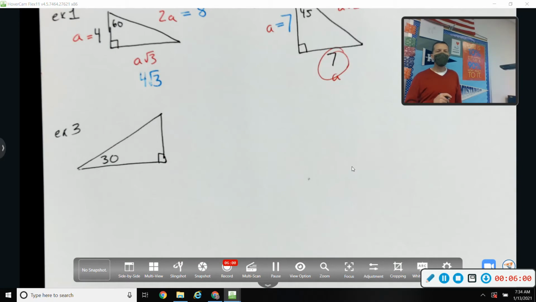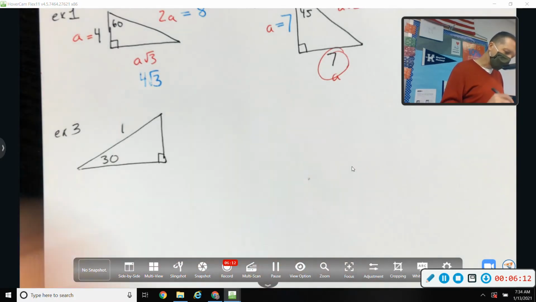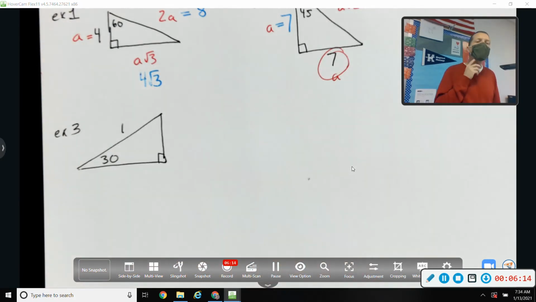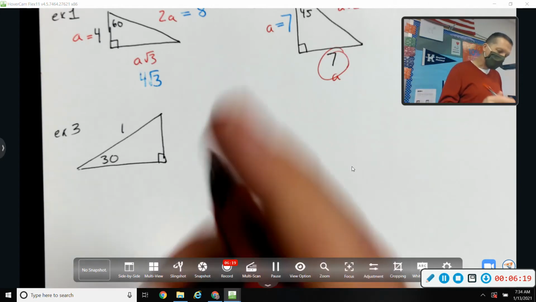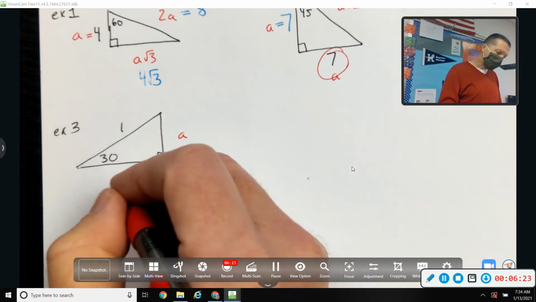I like to change up the orientation of the triangle because otherwise people start to think, oh, A is the side on the bottom and A square root of 3 is the one on the side. Like, no, it goes with the angles. Let's say our hypotenuse is 1 for this triangle. So put the pattern on. Across from 30 is A. Across from 60 is A square root of 3.